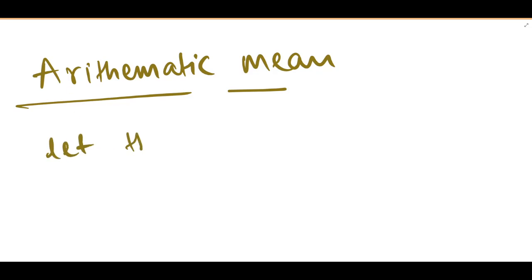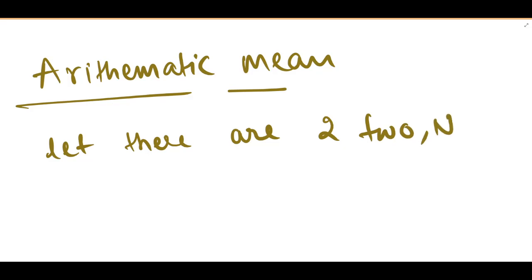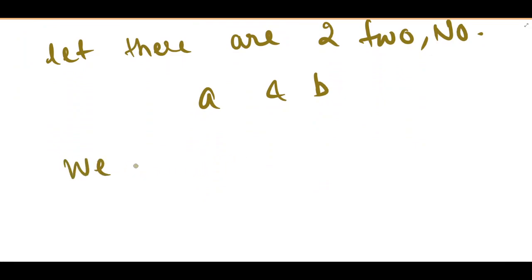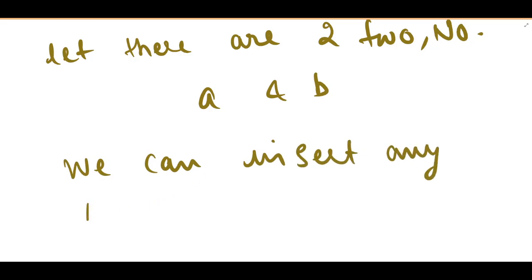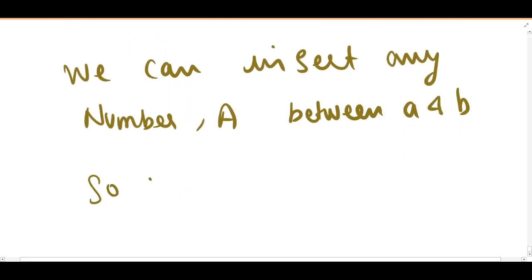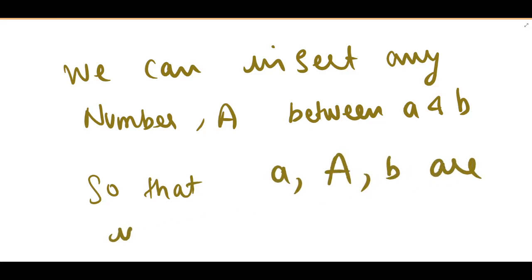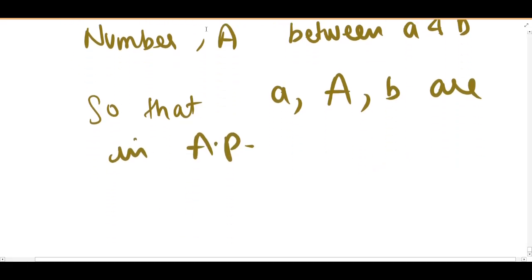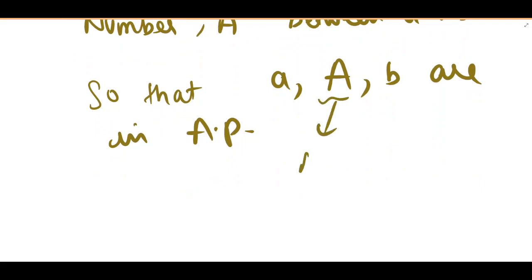We can insert any number A between a and b so that a, A, b are in AP, where A is the arithmetic mean.